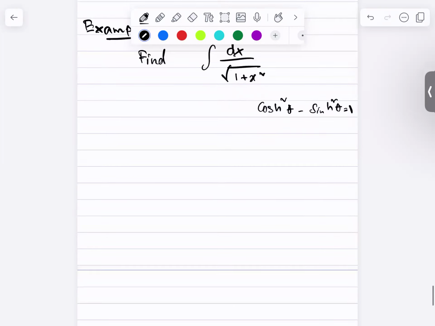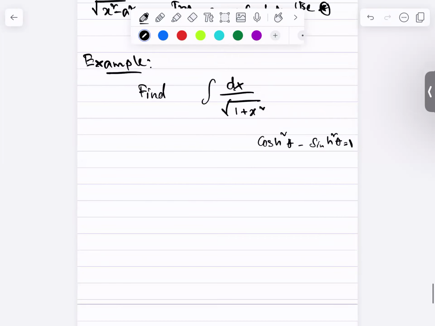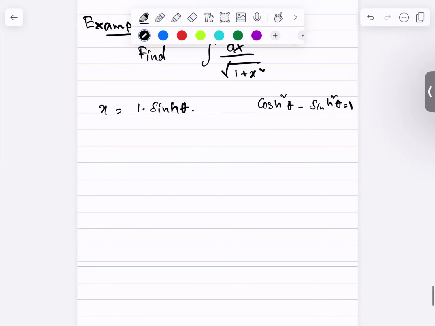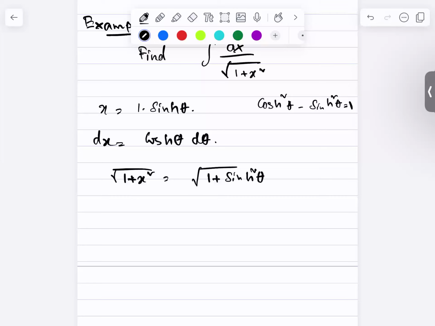So I have the square root of 1 plus x squared, so I should take my x to be 1 times sine hyperbolic theta, right? Then my dx will be cosine hyperbolic theta d theta, and the square root of 1 plus x squared will be the square root of 1 plus sine hyperbolic square theta, which is just cosine hyperbolic theta.